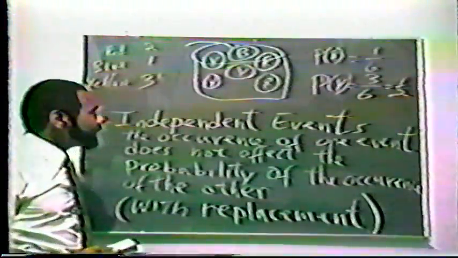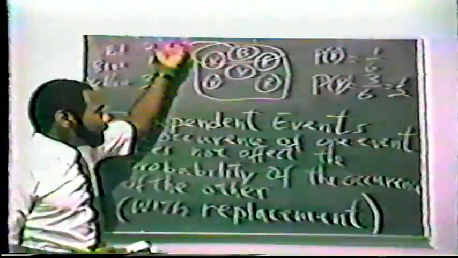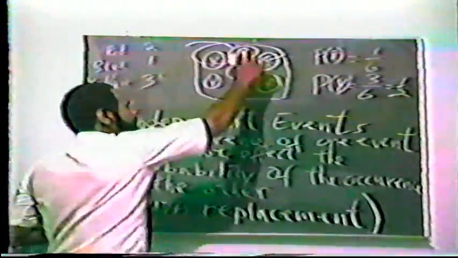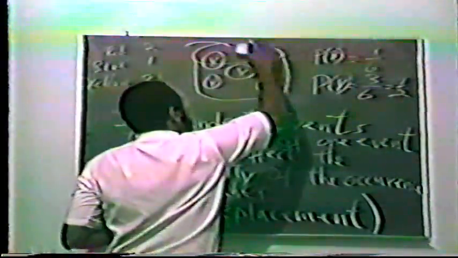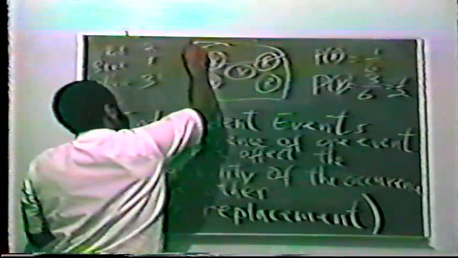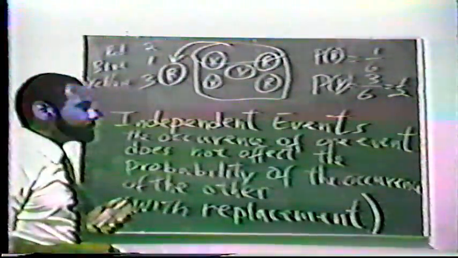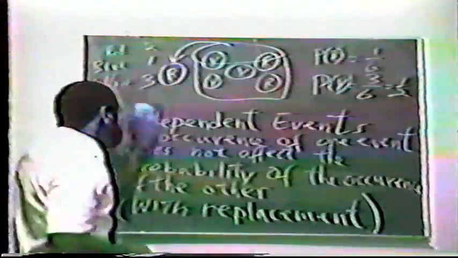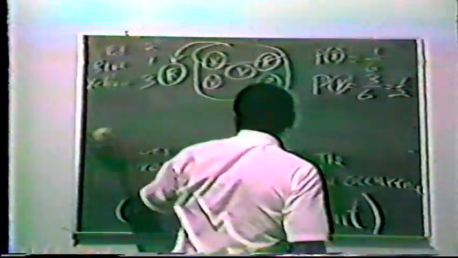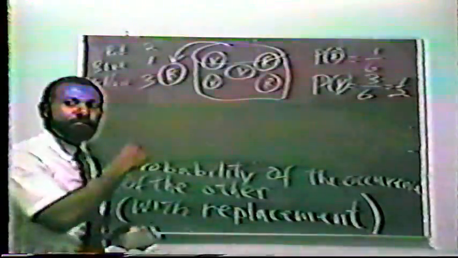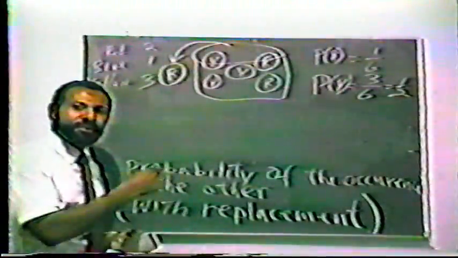Now, if the first ball we take out is blue, and we take the blue ball out, and we see that it's blue, and then after we see that the first ball is blue, we put it back into the container.